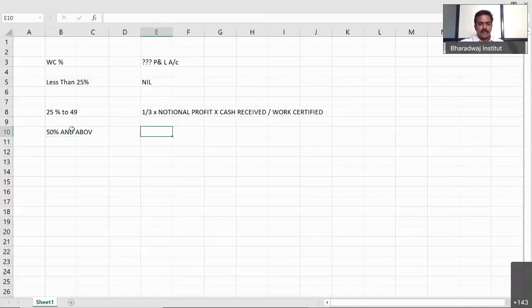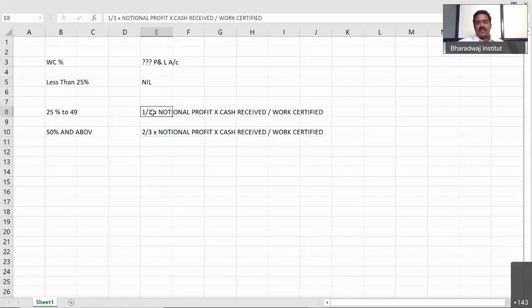Two thirds. So when the contract is nearing completion, more of the profit will be transferred. What is the difference between a 49% completed contract and a 50% completed contract? Only 1% difference. But look at one third to two thirds, the profit recognition jumps.